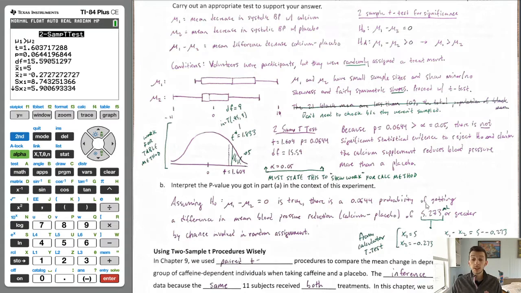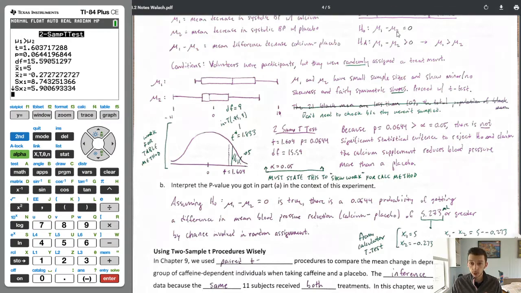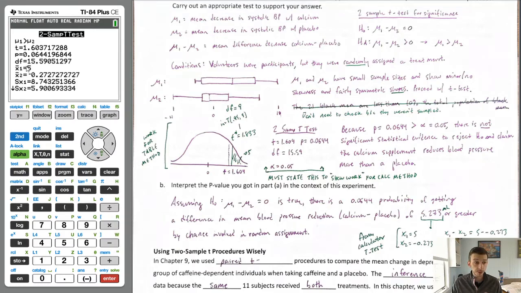So the way that you get this number, this part may be a little bit confusing to you. This number is calculated from doing mu1 minus mu2 based on the test. If you look on the left of my screen, my average for the first group was a 5 milliliter reduction. For my second group, it was a 0.27 milliliter increase.